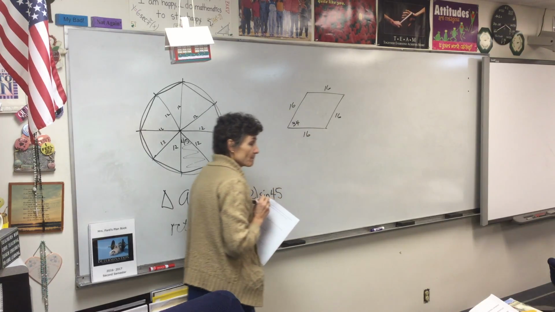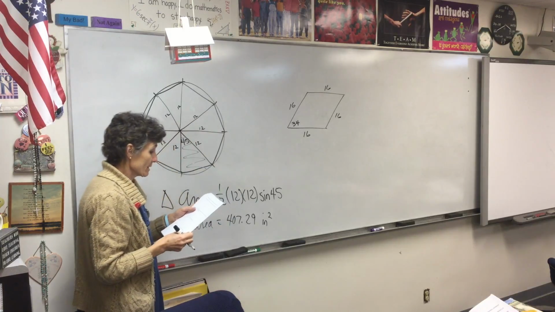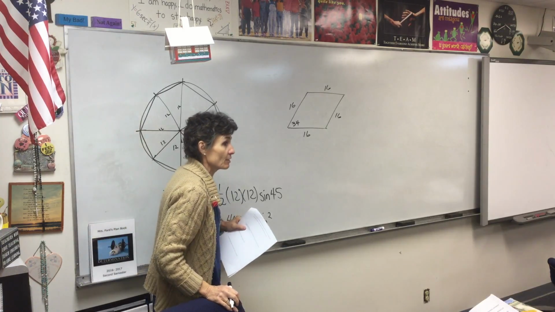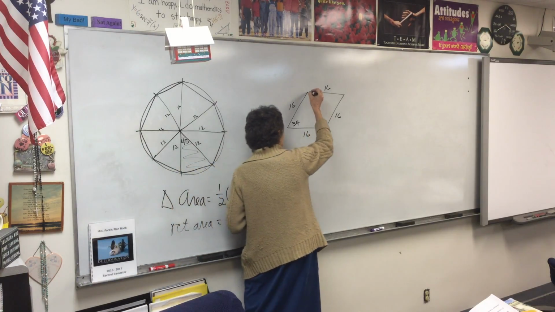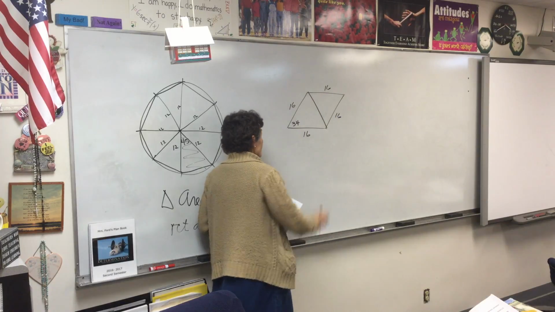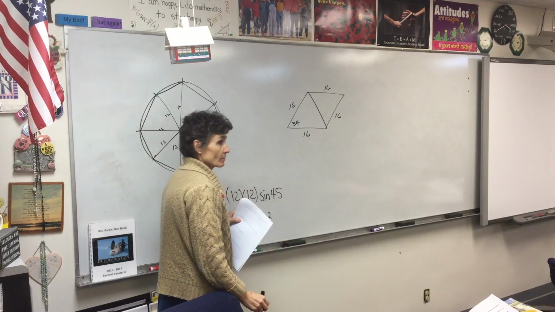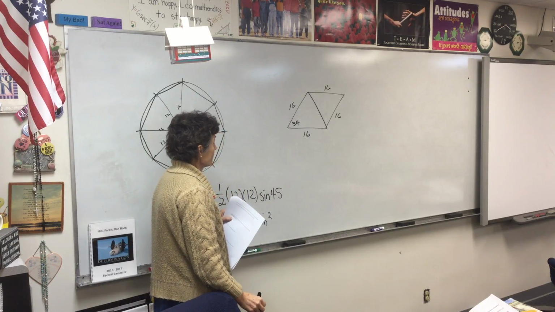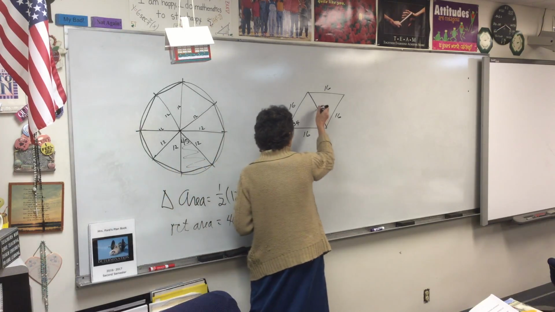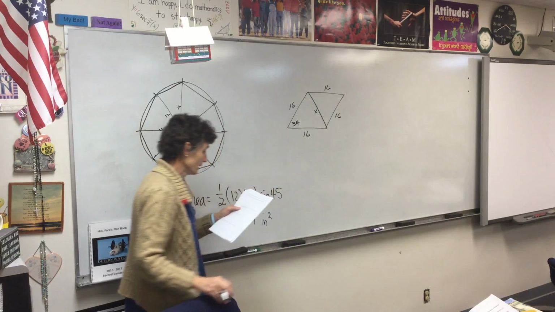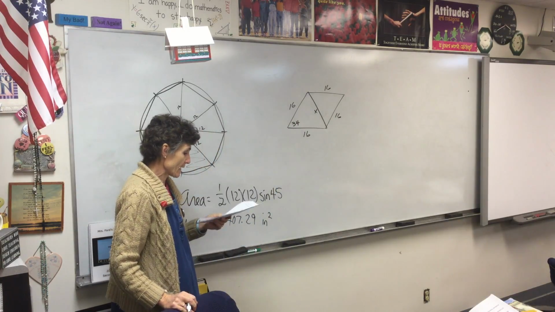That's the 34. Then you need to eyeball it and agree that this is the shortest diagonal. That's going to be shorter than that one. Just eyeball it. You can tell that. And we want to find how long that is. Find the length of the shorter diagonal.